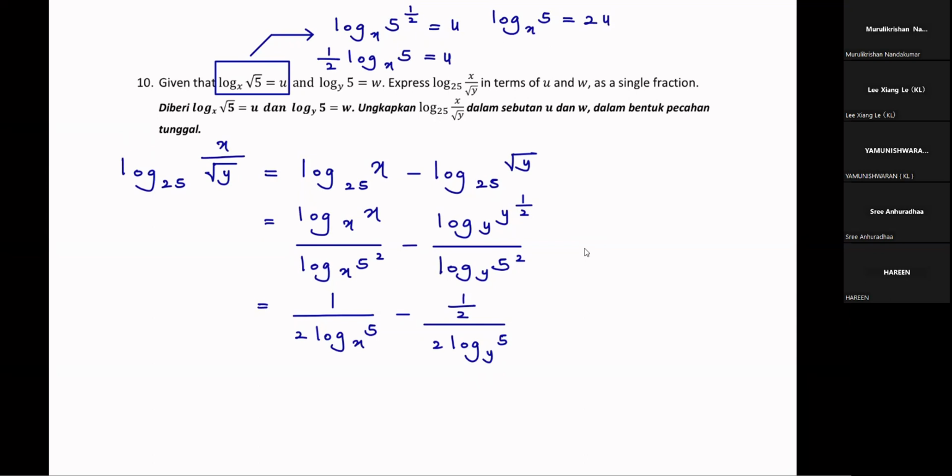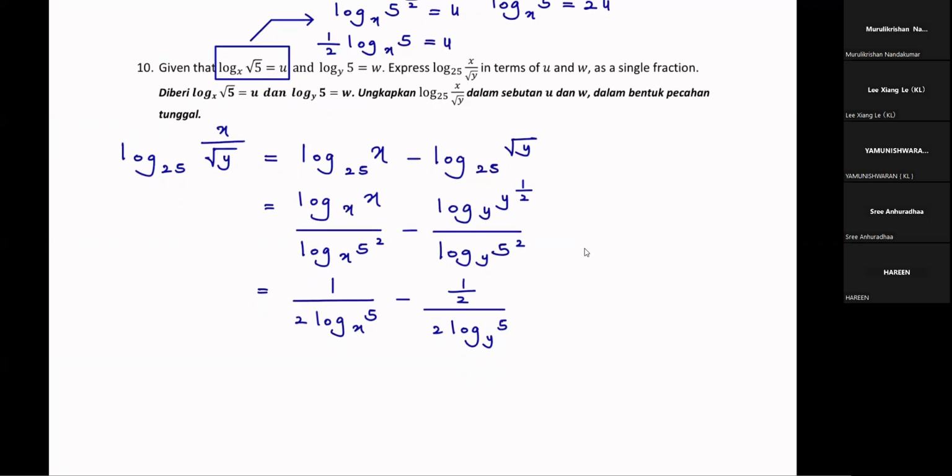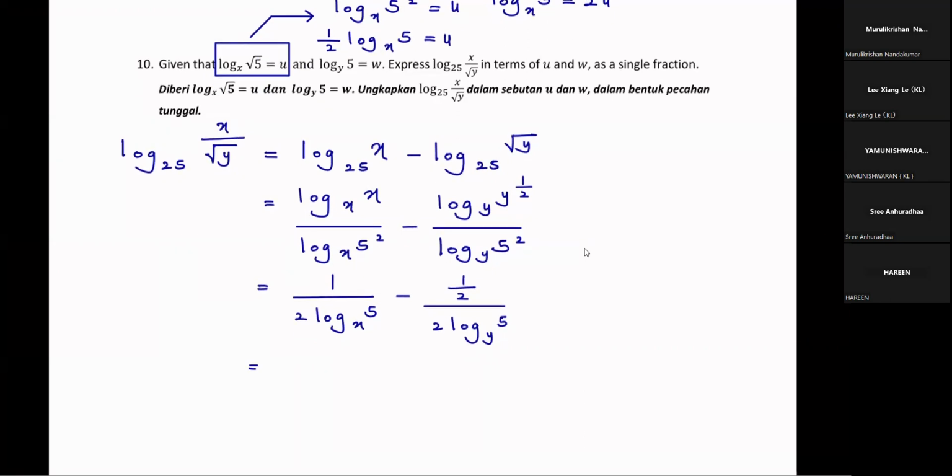Nampak tak? Saya sudah susun dia. Faham? Nah, you cannot use base 5. Kalau use base 5, dekat atas tu kena problem pula. Ini atas ni, you tengok atas ni dia log X, ini log Y. So you must have a different log. Okay, saya sudah sampai kat sini.